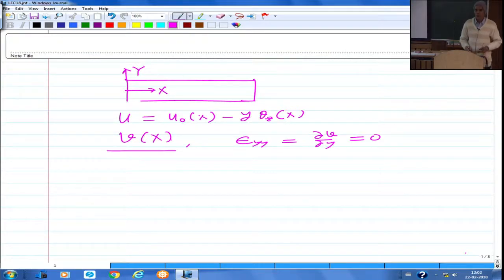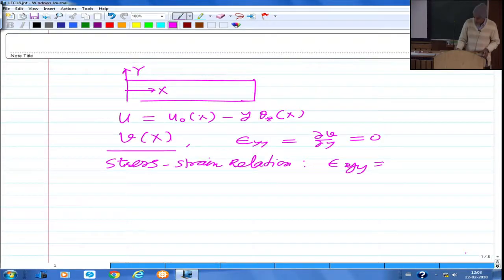But then from the stress-strain relationship, what you get is epsilon yy equal to, since sigma yy and sigma zz are 0, simply minus nu times, where nu is Poisson's ratio.